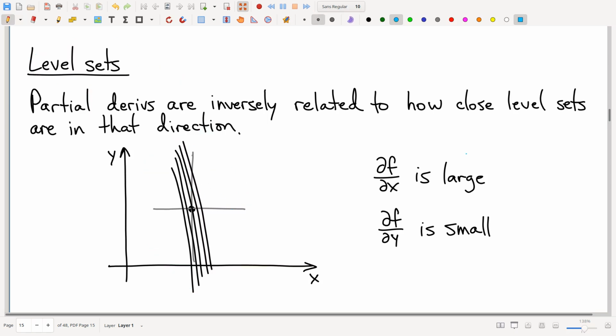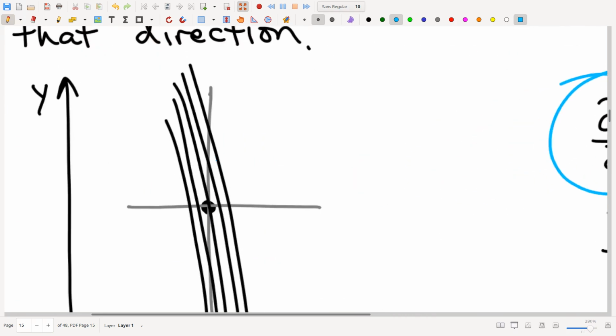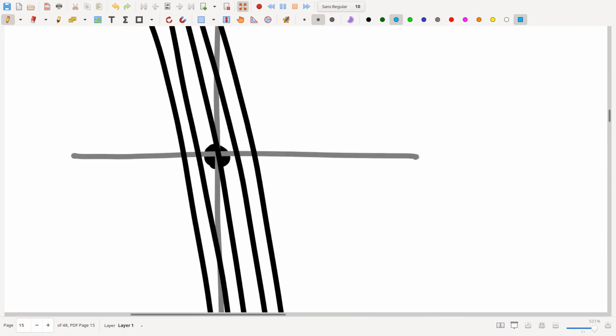If I ask for the partial of f with respect to x, let me zoom in here. Each one of these lines represents a certain number of feet of altitude. So maybe that's 300 feet of altitude, and maybe this one represents 400 feet of altitude.